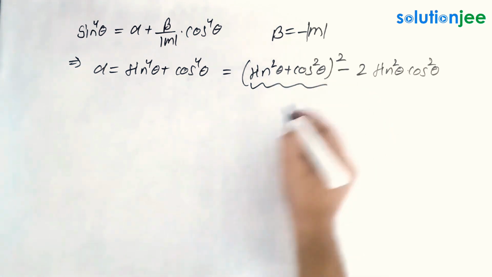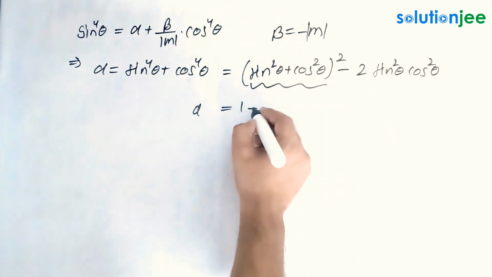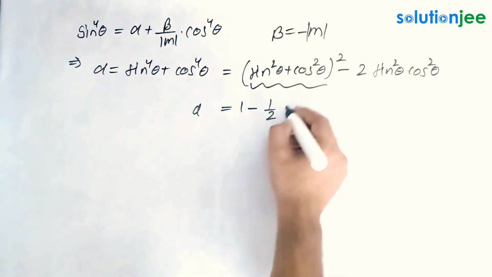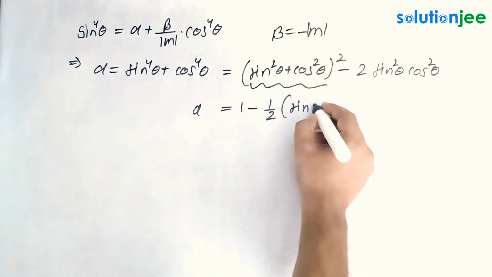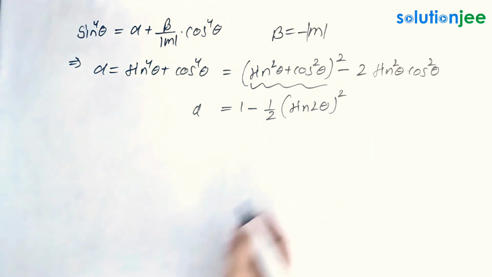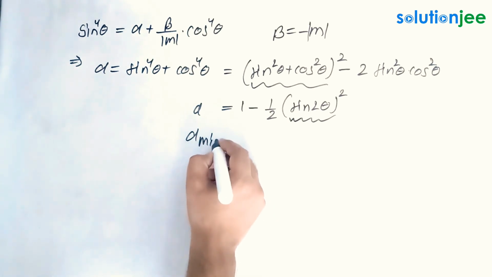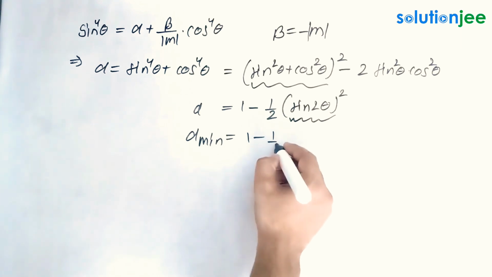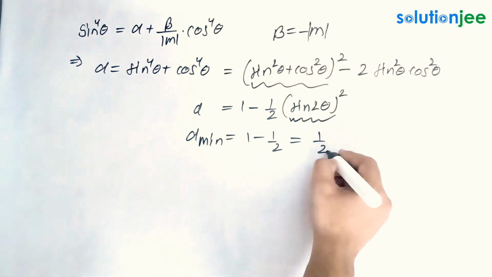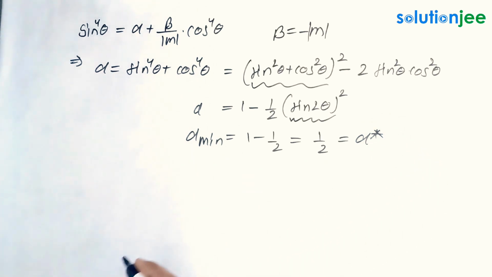It will be 1. So alpha will be equal to 1 minus 1 by 2 sin 2 theta whole power 2. So for the minimum value of alpha, we put the maximum value of sin 2 theta. So alpha minimum will be equal to 1 minus 1 by 2, which is equal to 1 by 2, and it represents alpha star.